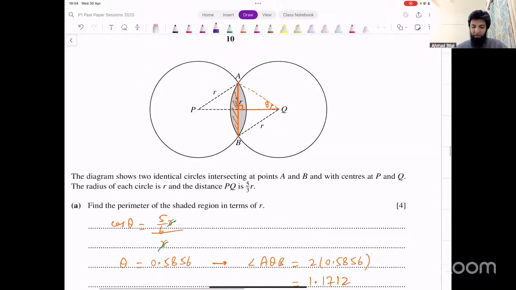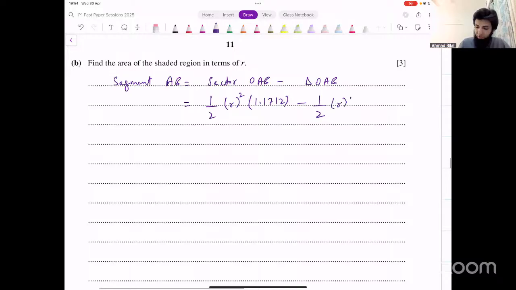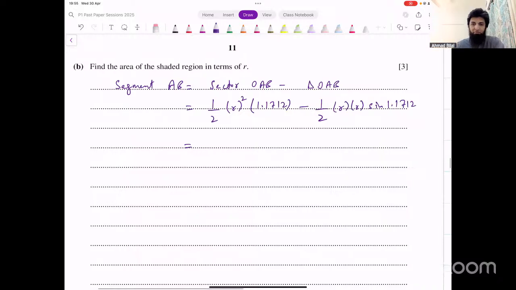Now, in this triangle, we know that this length is R, this length is also R. We know the angle between them, the included angle. So the area of the triangle is half into R into R into sine of the angle between them, sine of 1.1712. The question does not mention that you want an exact answer. Just put this whole thing on a calculator. Take R squared common, put everything else in your calculator.